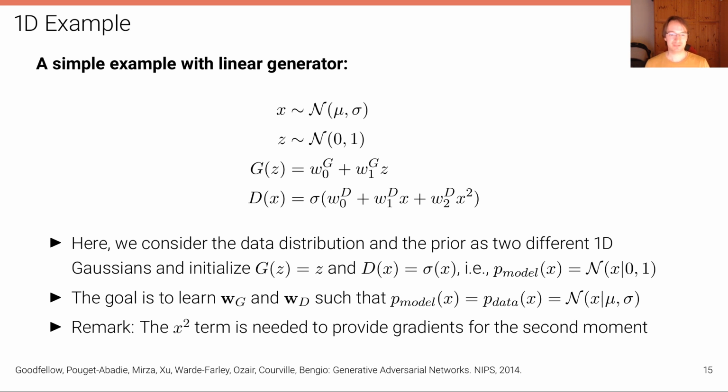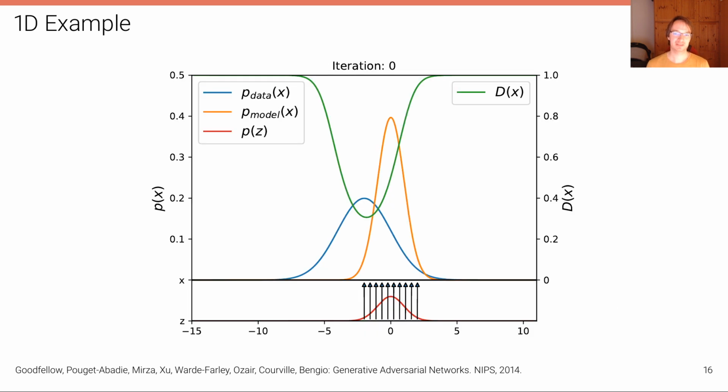Now, the goal here is to learn the parameters WG and WD, these are these parameters here, such that the model distribution approaches the data distribution. The model distribution changes from mean 0 and standard deviation 1 to mean mu and standard deviation sigma. And this is what it looks like.